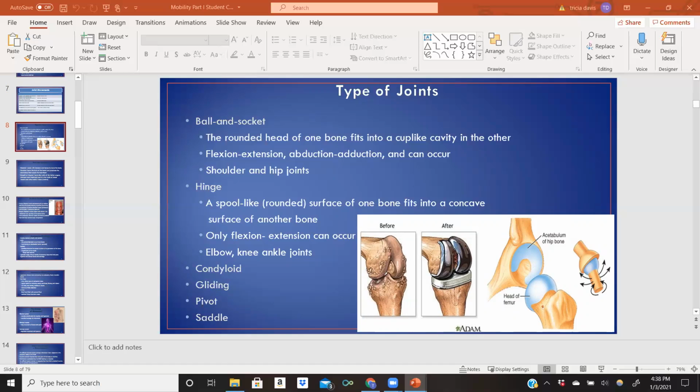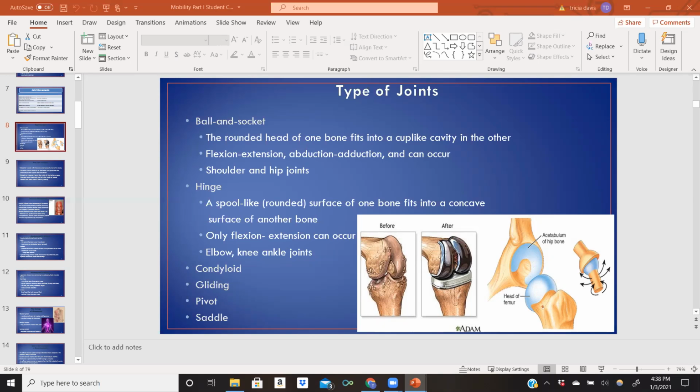Then you have the gliding joint, which is flat surfaces on the bone that slide over one another, also allowing flexion, extension, abduction, and adduction, like the carpal bones of your wrist and tarsal bones of the feet. You have a hinge joint, which is a spool-like rounded surface of one bone that fits into a concave surface of another bone. Only flexion and extension can occur, so that would be your elbow, your knee, and your ankle joints.